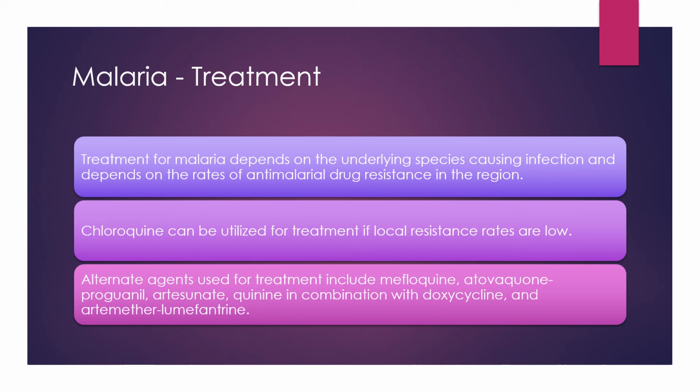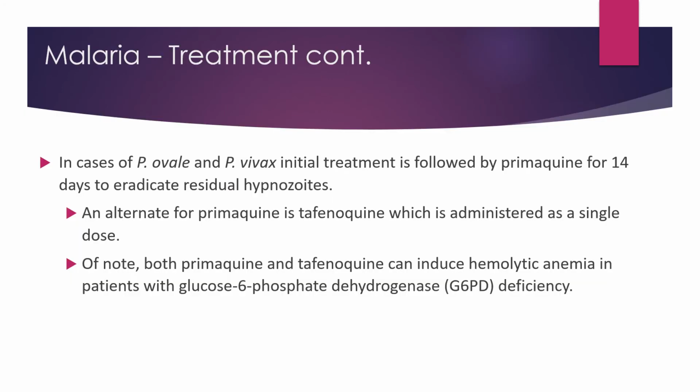But uniquely with ovale and vivax, given the hypnozoites, treatment is generally followed by primaquine for 14 days. An alternate is tafenoquine. But a note is that you should check G6PD if you're going to use either of these agents.